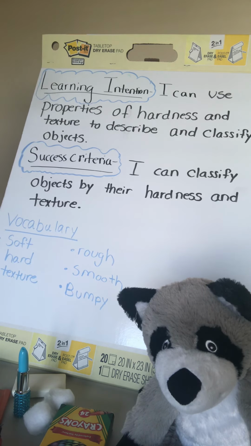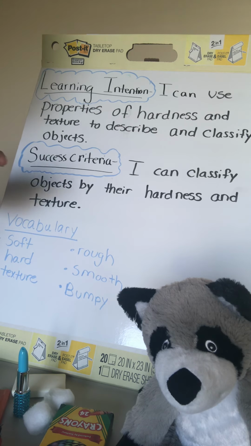What sense are we using when classifying by texture? When you're classifying objects by texture, which of the five senses are you using? Yes, you're correct. You're using your sight.